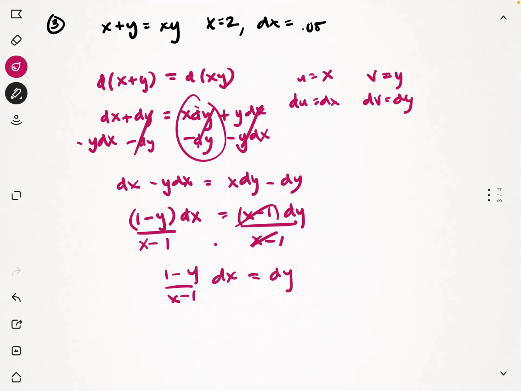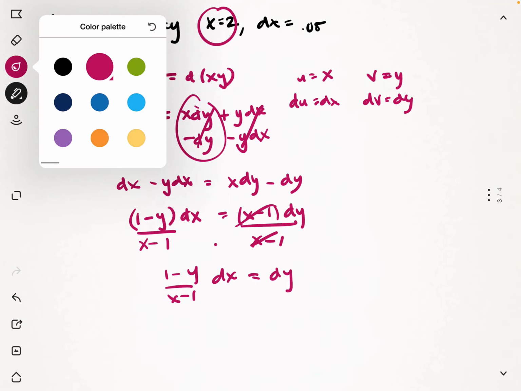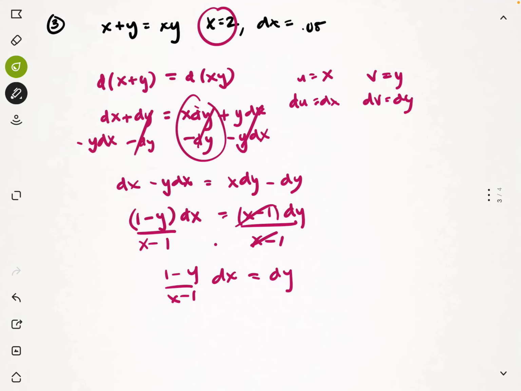Then we start plugging in our values. It's saying that x equals 2. If we look at our initial equation, let's plug in 2 there, because we need a y to plug in. So we're going to do 2 plus y equals 2 times y. If we're solving this algebraically, then we want to subtract y here.